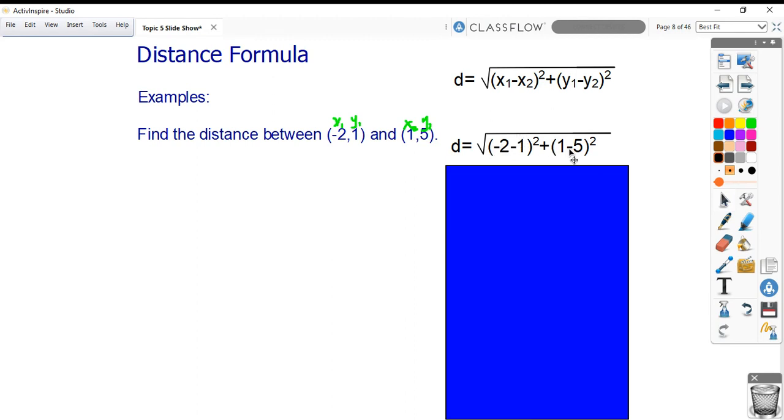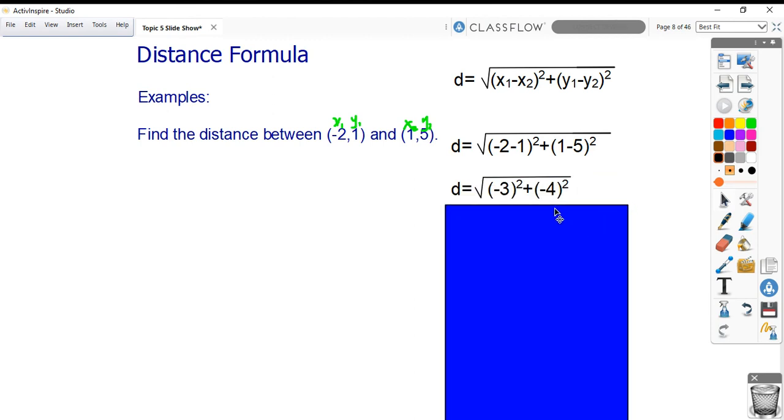When you're typing in this many things, it is very easy to get mixed up and miss one of your parentheses, or mix up a negative sign and a minus sign. You've got so many opportunities to mistype something and end up with a wrong answer. So what you can do instead is simplify it as you go along.